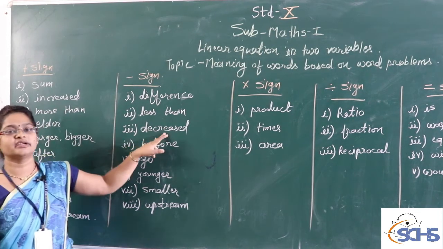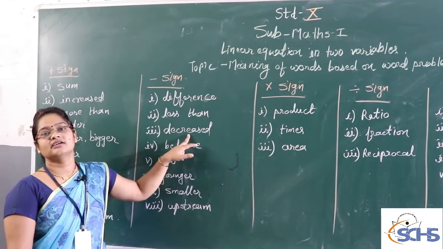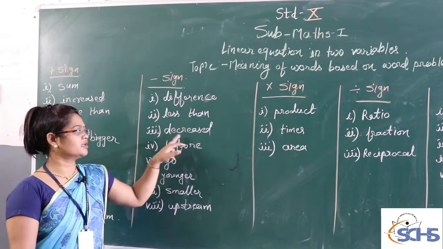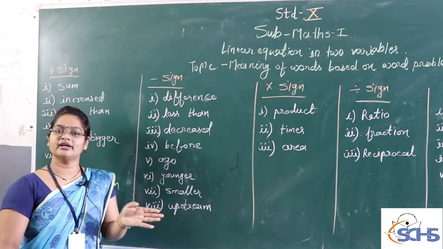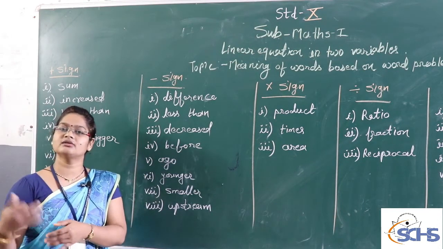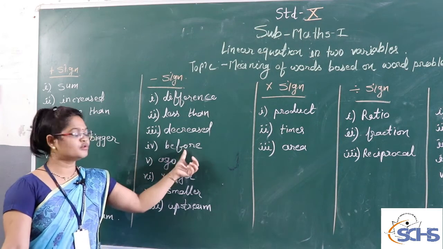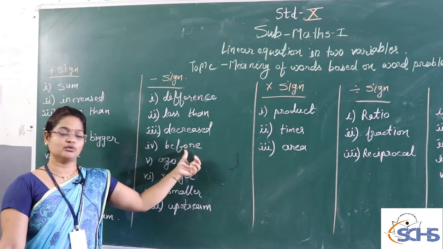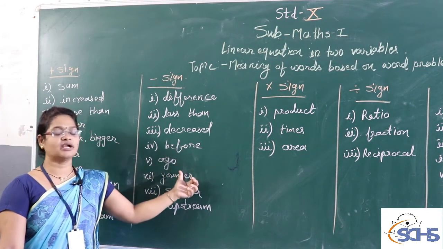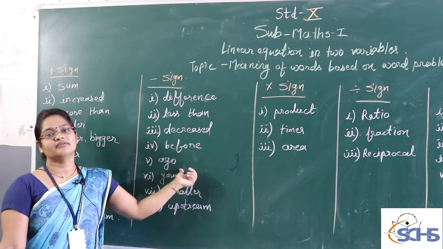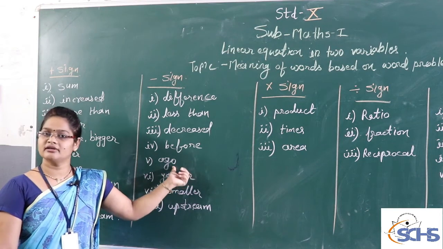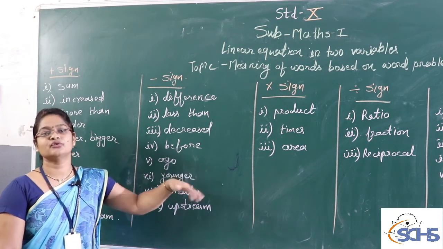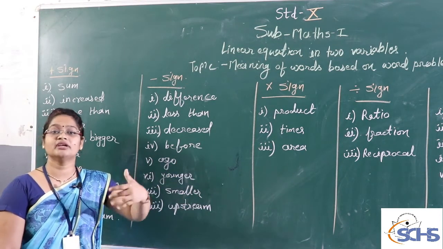Where the word decreased is given, we use minus sign. They are opposite of each other. When after is given, we use plus sign. When before and ago are given, then in that case we use minus sign. Generally these words are used whenever ages are given, like before 2 years, 2 years ago.